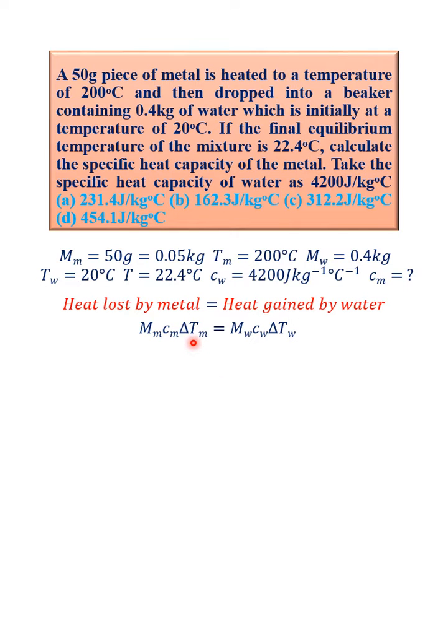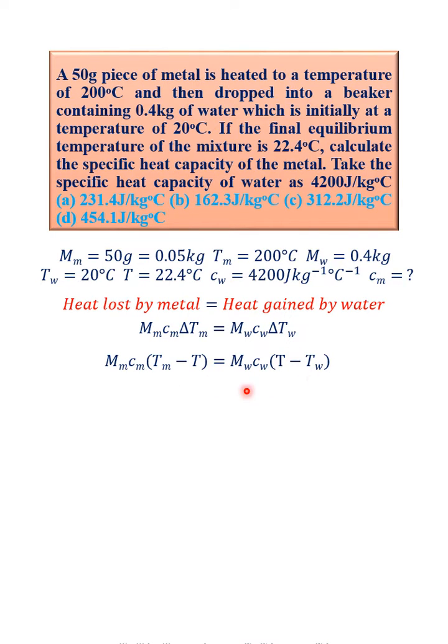So the temperature change of the metal is equal to the temperature of the metal, 200, minus the final temperature of the mixture at 22.4 degrees Celsius. So this formula is rewritten like this, while that of water is rewritten like this: the final temperature of the mixture minus the initial temperature of water. That is the change in temperature of water.